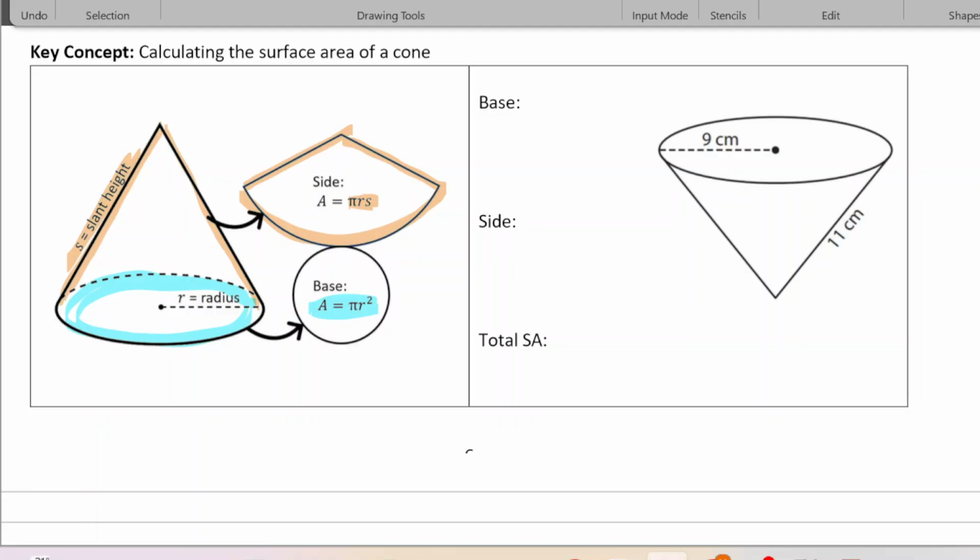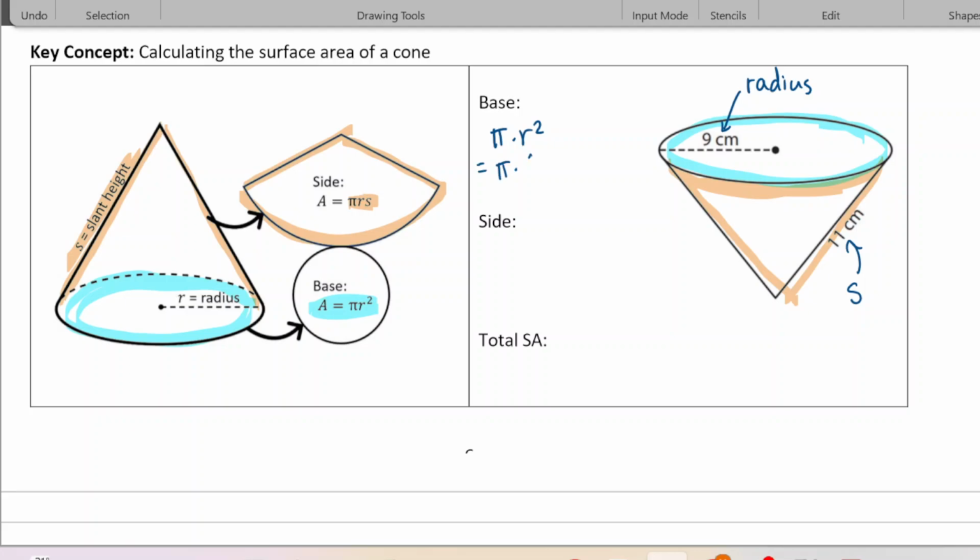Okay, so let's do this one here. So we've got our circular base and then we've got our side section. The radius here is 9 and the slant height S is 11. So for the base, it's pi times radius squared.